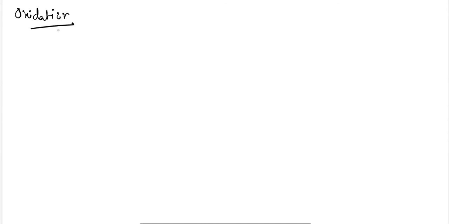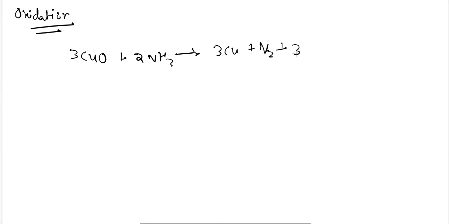Moving further, let's see the oxidation of ammonia. What happens when ammonia undergoes oxidation? When ammonia is treated with copper oxide, it produces copper plus N2 plus 3H2O. Dinitrogen is produced here.